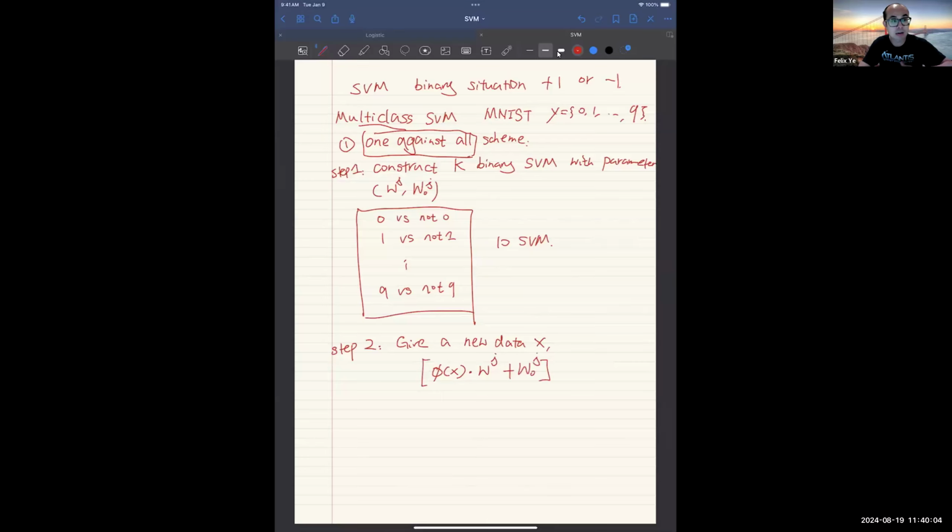The further the point is from a decision boundary in the positive direction, the more likely it is to belong to that class. You calculate this one by one and take the argmax over J from 1 to K. That will be my predicted class.